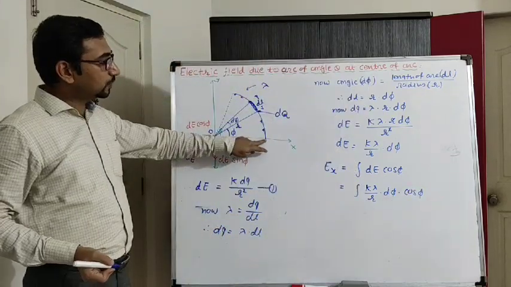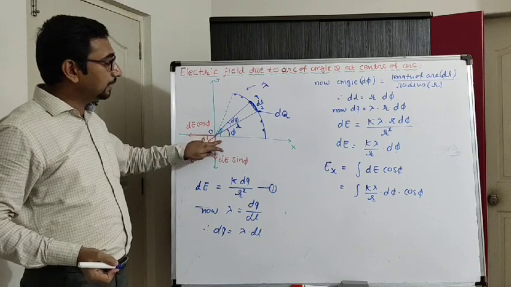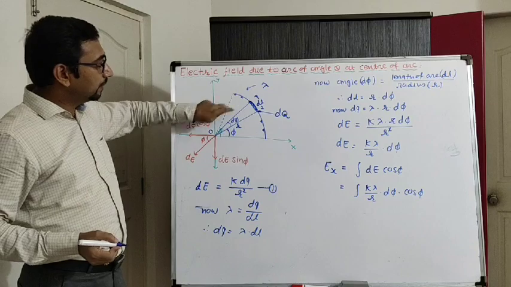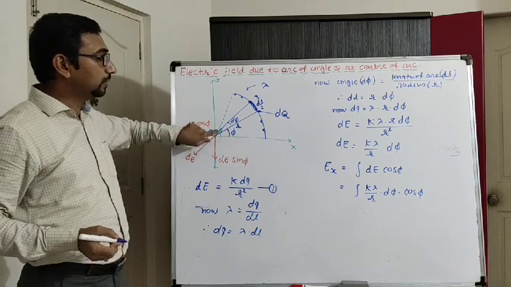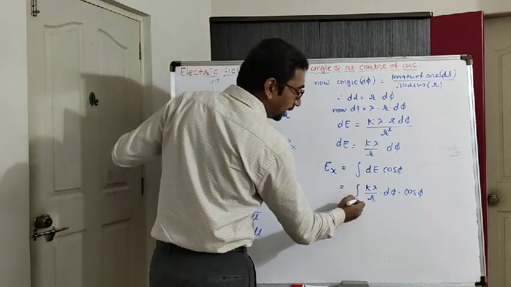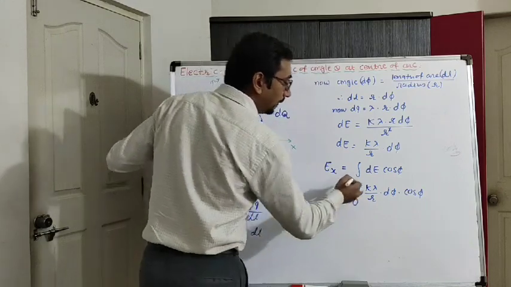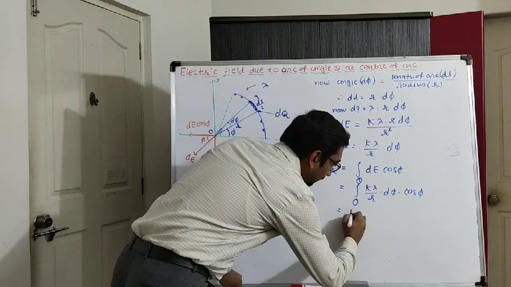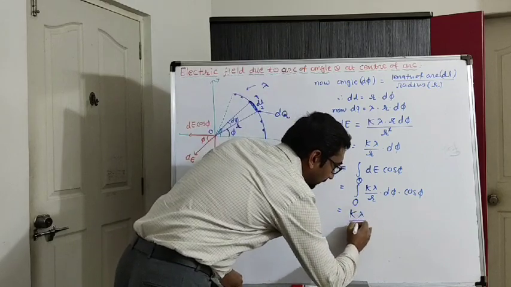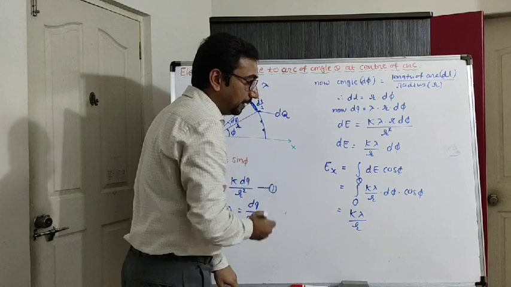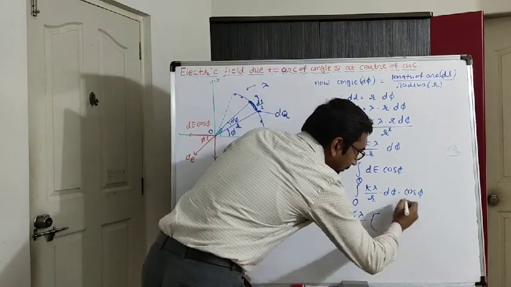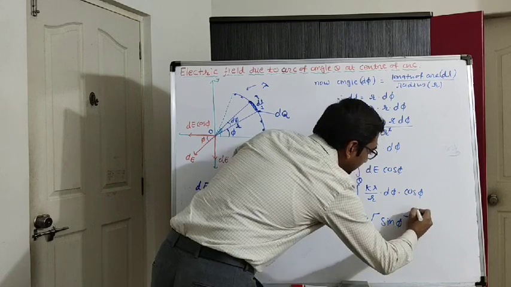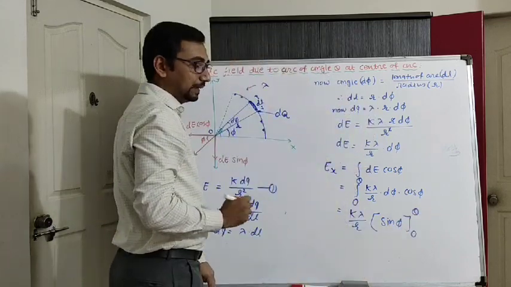Now this wire starts from here where phi angle is 0, and it goes up to here where phi angle will be equal to theta. So we take the lower limit as 0 and the upper limit as theta, and if we integrate, k is constant, lambda is constant, r we take out, the integration of cos phi is sin phi, with lower limit 0 and upper limit theta.